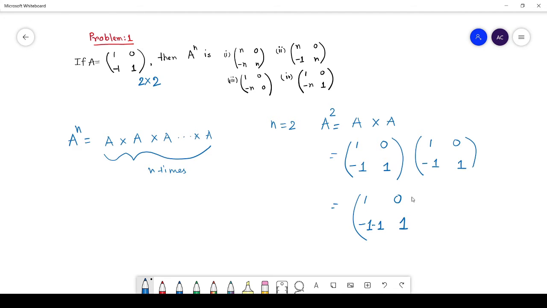So which is basically [1 0; -2 1]. So if we calculate A square, we are getting the following.